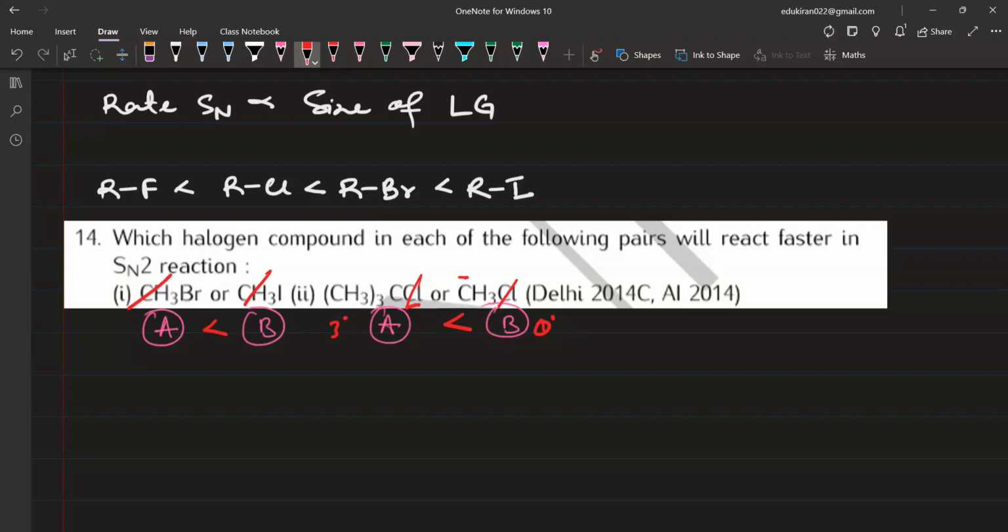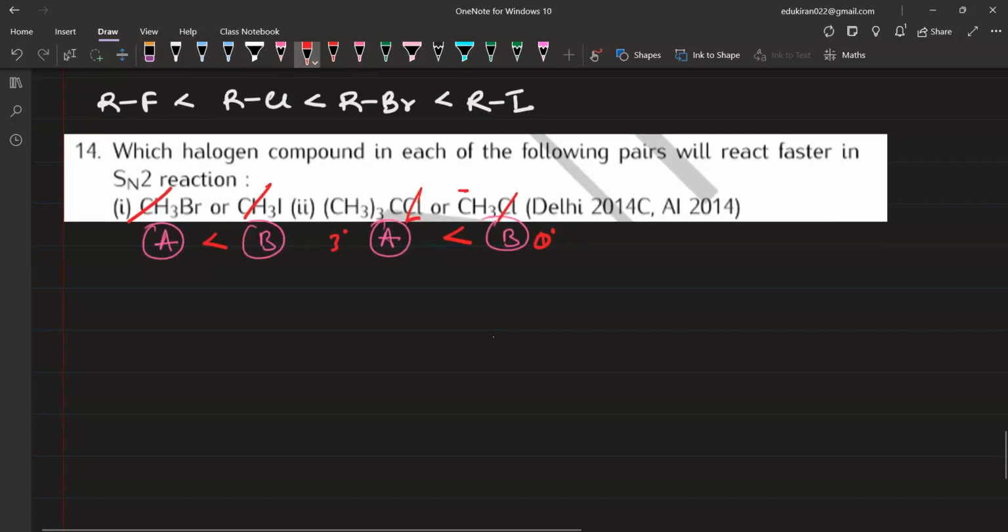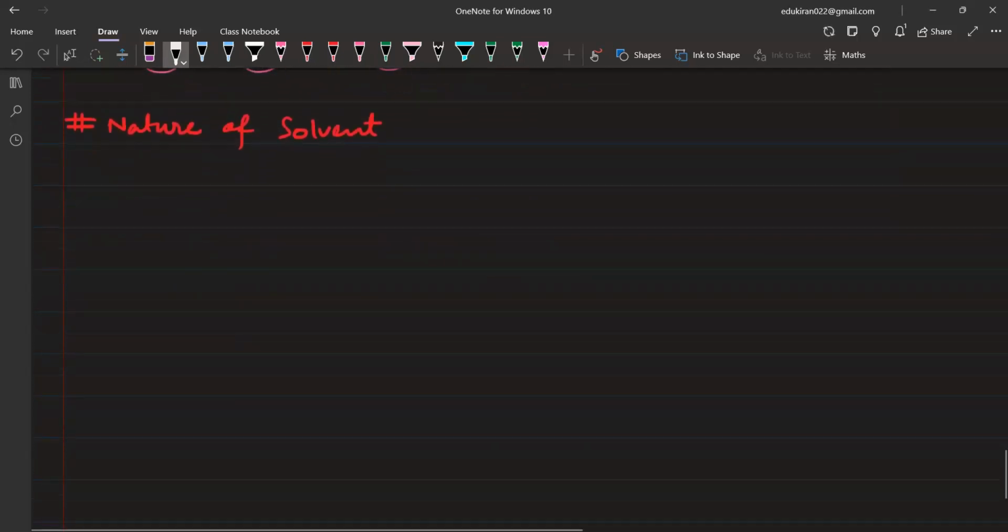Now write the next one, nature of solvent. There are some results that I will write down, and then we will explain this. Don't worry about the words and everything, just write it down, and I will explain everything.